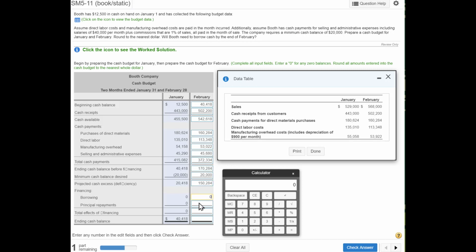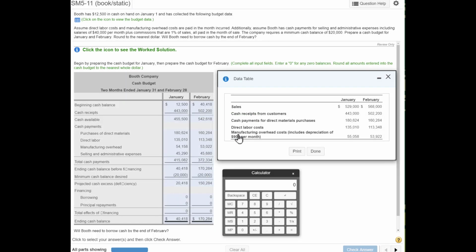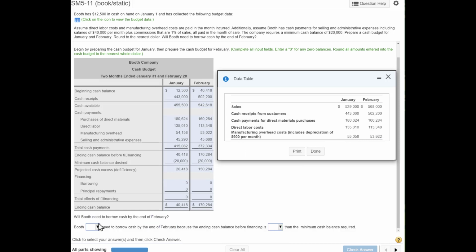So our minimum is $20,000, and we've got 170,000, so we do not need to borrow. And if we don't borrow anything, we don't have any principal repayments, and there's no interest, so the total effects of financing is 0. So our ending cash balance is 170,284. And last, it's asking us, will Booth need to borrow cash by the end of February?